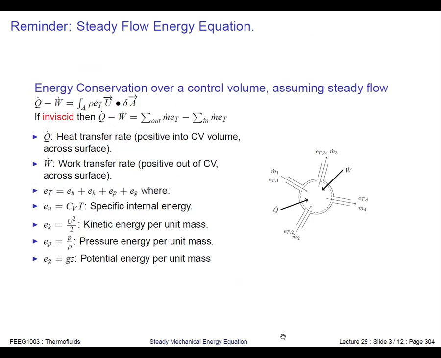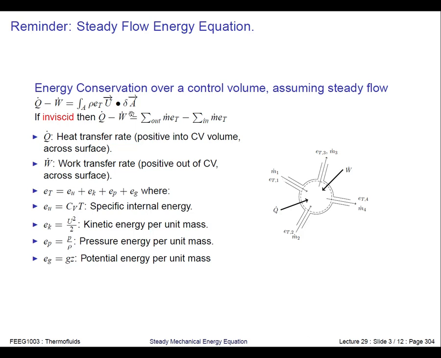Okay, and to remind ourselves what the steady flow energy equation was, it's effectively the first law, a rate of change equation for energy for this particular control volume. We have heat transfers across the control volume surface, and we can have work transfers across the control volume surface, that's the Q minus W term, and then we can have convective transfer of energy due to the flow.